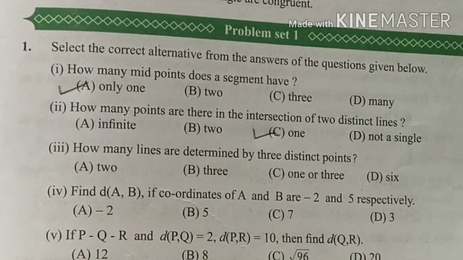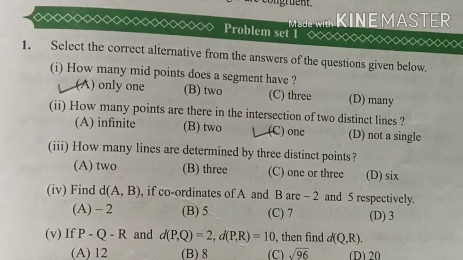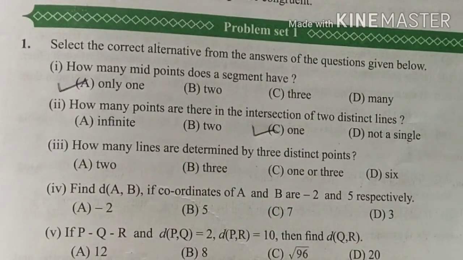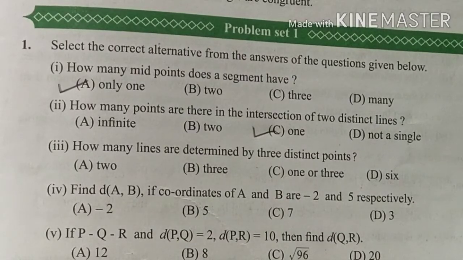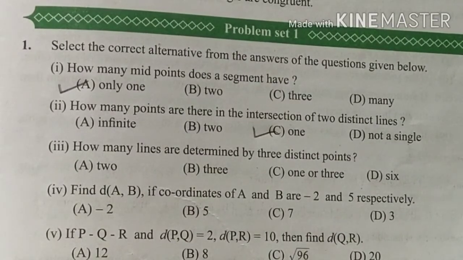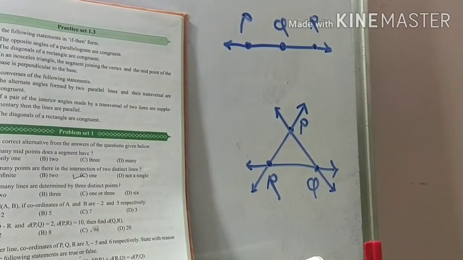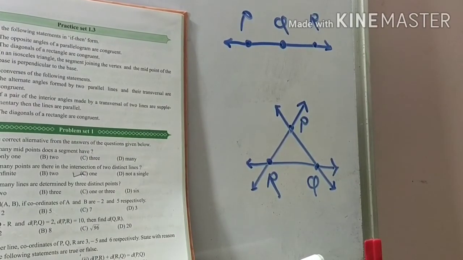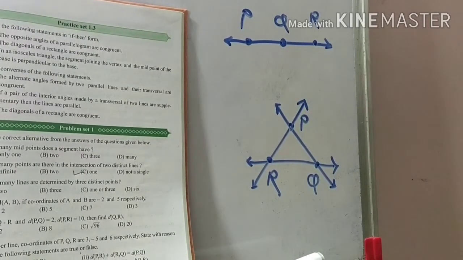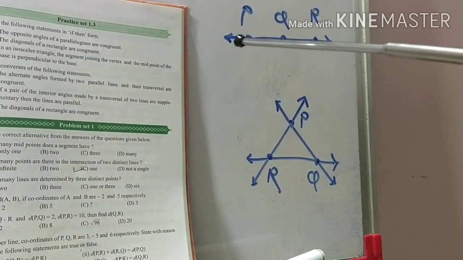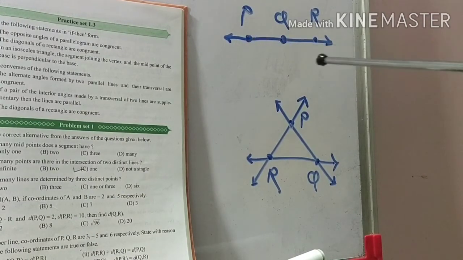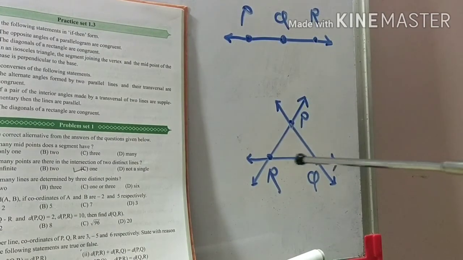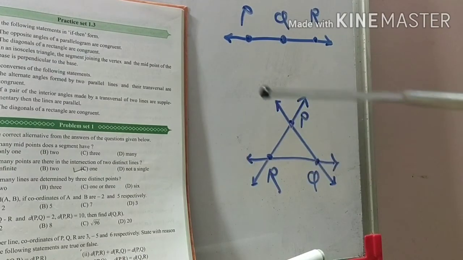If the points are collinear, there is one and only one line. But if the points are non-collinear, then it's like this. If the points are collinear, we can draw one and only one line. But if the points are non-collinear, 3 distinct points, what do we get here?